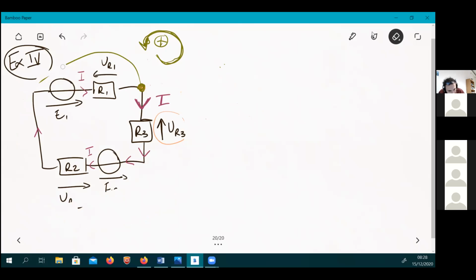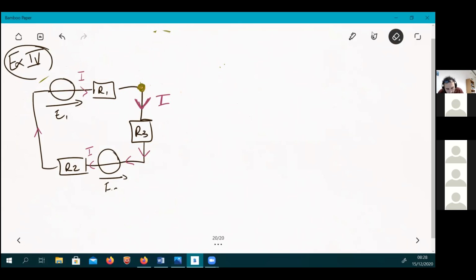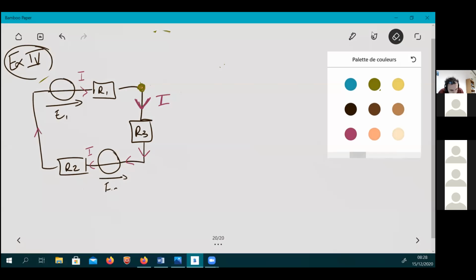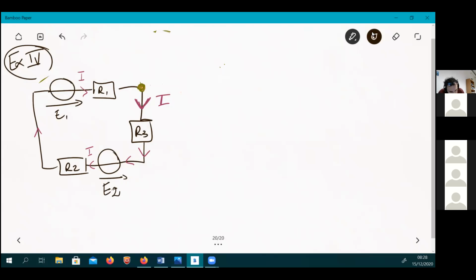So back again here, and I'm going to rewrite all these voltages here. So this is I2.